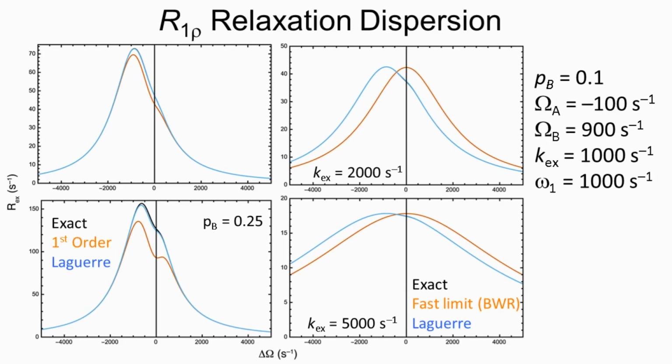And al-Hashimi's group, in measurements in DNA and RNA, have shown that in practice, even for fairly fast limit, you're still able to distinguish between the offset to the minor state compared to the predictions of Redfield theory. So this property of the R1 rho experiment remains useful even into relatively fast exchange, and that was rather unexpected.